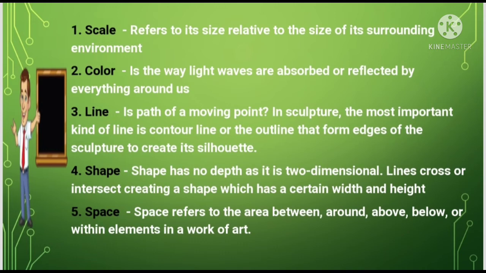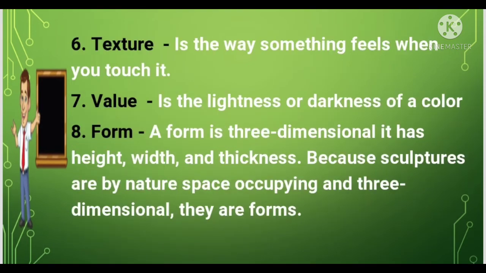So we have shape also. Shape has no depth as it is two-dimensional. When lines cross or intersect, they create a shape which has a certain width and height. Space refers to the area between, around, above, below, or within elements in a work of art. These elements of art are very important.